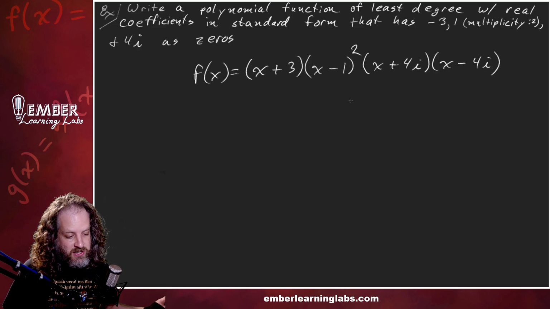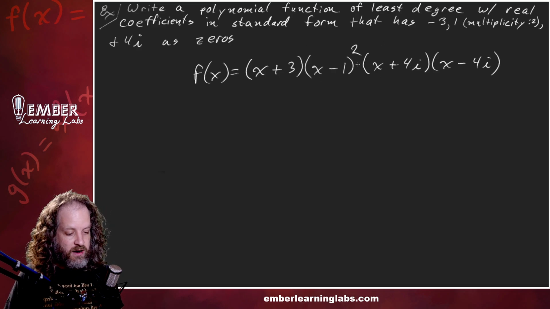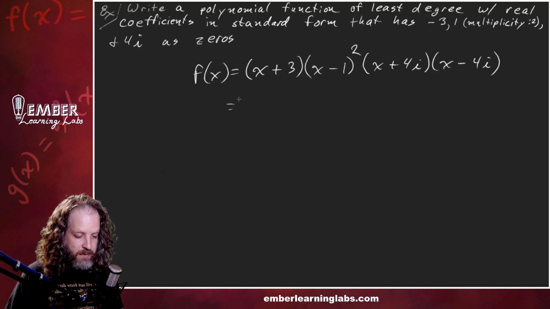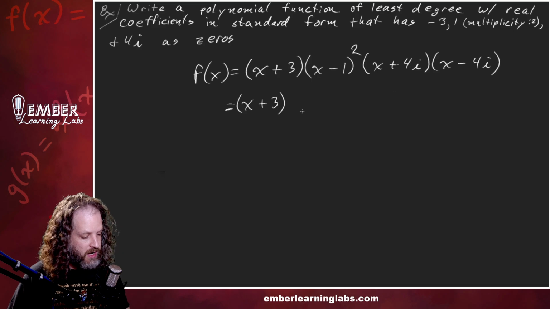And then to finish it out, we just have to do all the distributive property. This one, we've got our shortcut happening. So I'm going to start with that, and I'm also going to do this on this line. This first one we're not going to touch because we've got to deal with all this other mess first. So this first one is just going to stay x plus 3. Now we've got the binomial squared shortcut here.